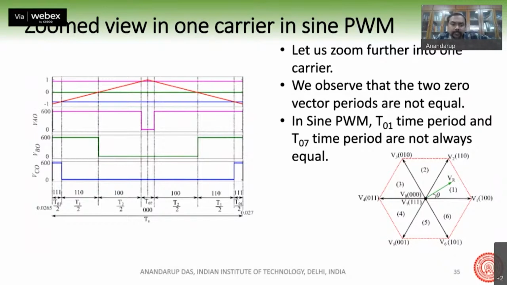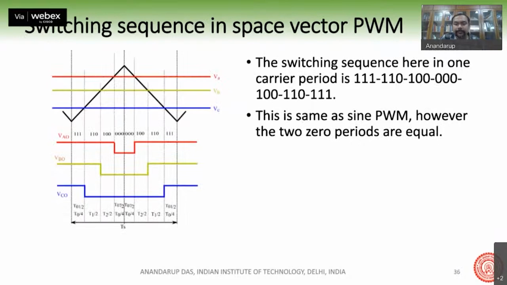Whereas in space vector PWM, the same pattern of switching happens, however, in addition, the two zero vectors at the beginning and at the end are of equal time duration. So we say that the difference between sine PWM and space vector PWM is that the two zero periods are unequal in sine PWM and they're equal in space vector PWM.